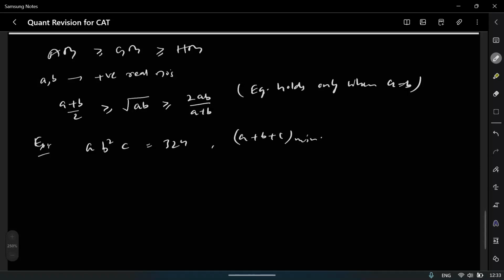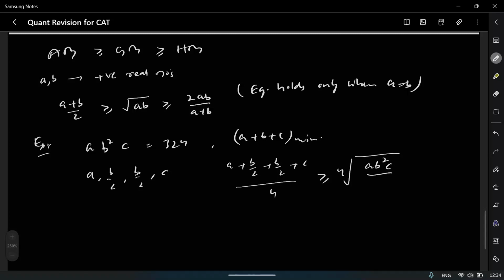Normally, to apply the AM and GM inequality, to get B square, we have to take A, B by 2, B by 2, C. For this, if we apply AM greater than or equal to GM, which is A plus B by 2 plus B by 2 plus C by 4 greater than or equal to the fourth root of A B square C by 2 square. Okay, this is the normal method in which we can do it.